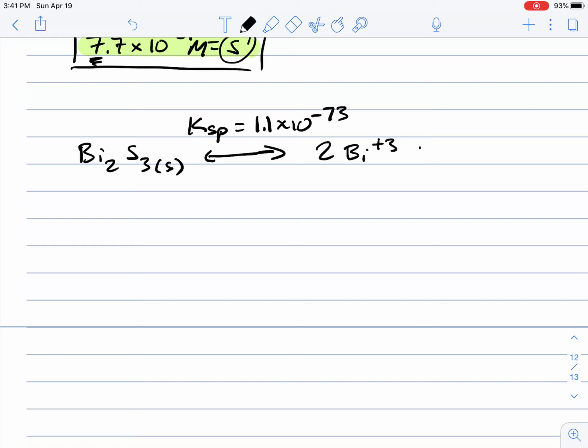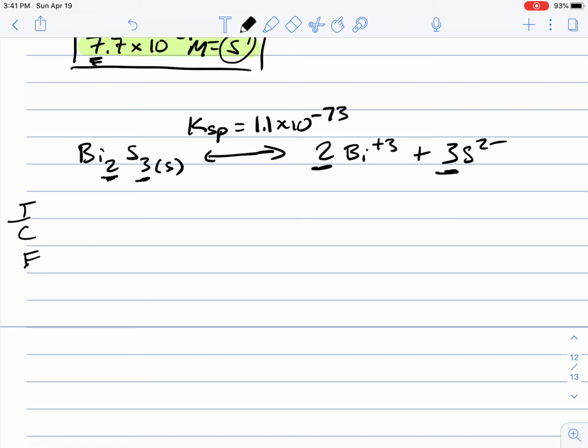And so here I have 2 Bi3+. Here I have sulfides, and I have 3 of them. So for every 2 bismuth, I have 3 sulfides. Therefore, I have these guys as my coefficients.